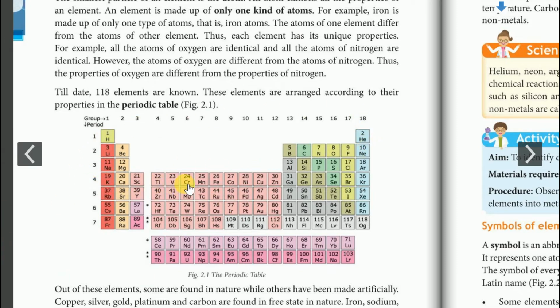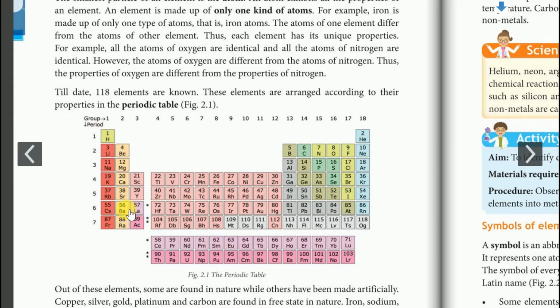The rest are scandium, titanium, vanadium, chromium, manganese, iron, cobalt, nickel, copper, zinc, gallium, germanium, arsenic, selenium, bromine, krypton, and all are these. Now, hydrogen, lithium, sodium, potassium, rubidium, cesium, francium, these are known as alkali metals.